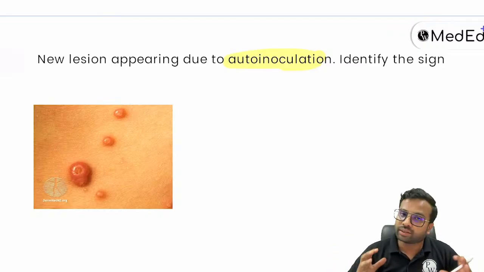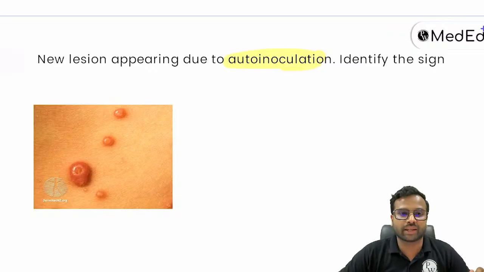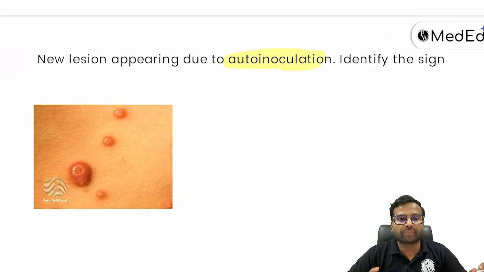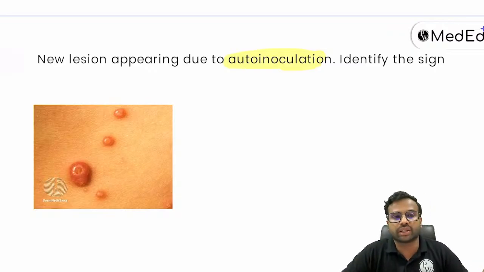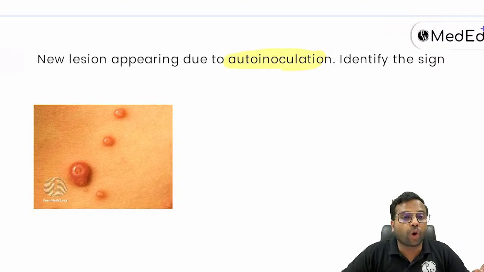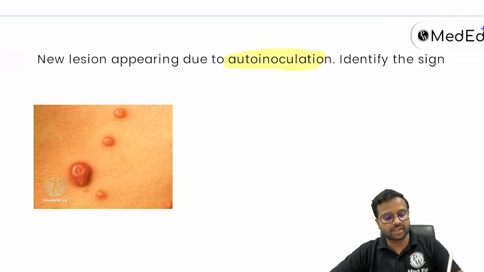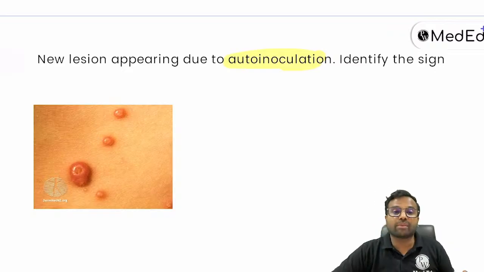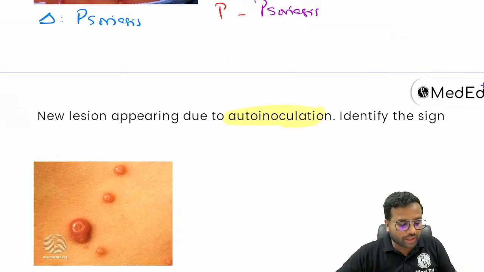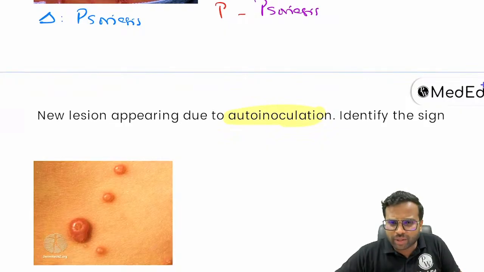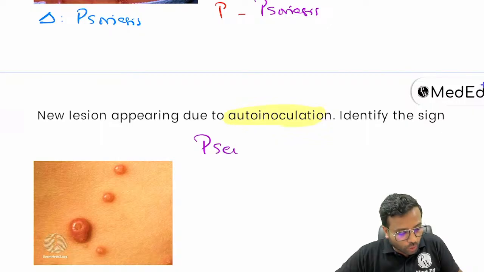That is where we have landed with this sign. So instead of trauma, if there is a new lesion appearing due to auto-inoculation of the virus, now tell me what is the name of the sign. It is something very closely related to Koebner. Anybody who would like to answer? So this is called the pseudo-Koebner phenomenon.